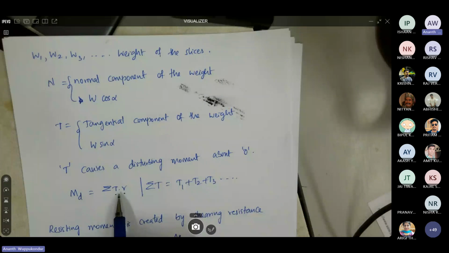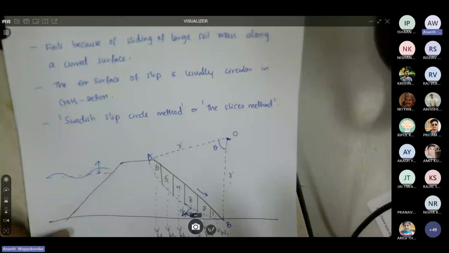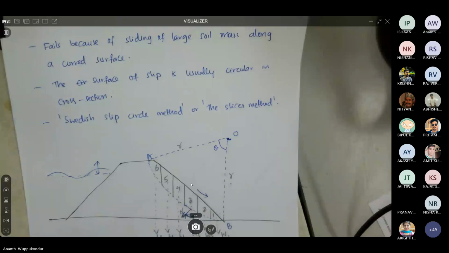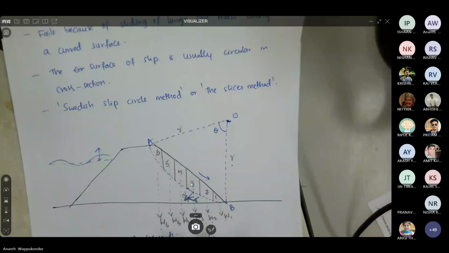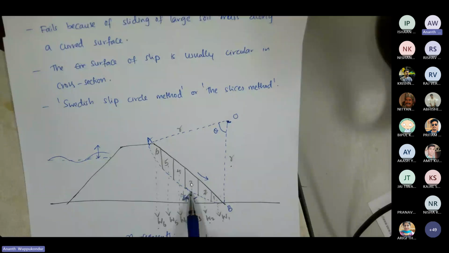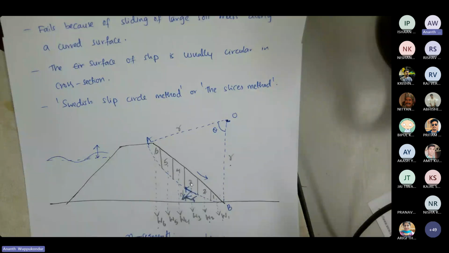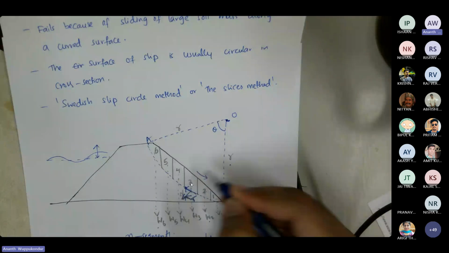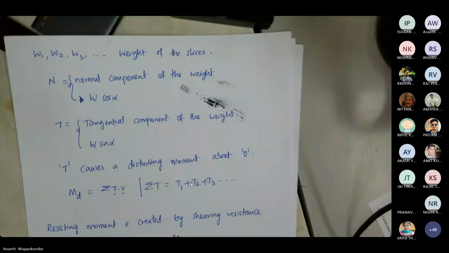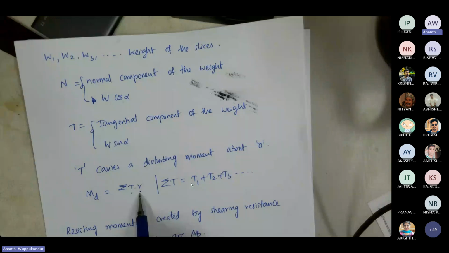So if you look at this figure again, T is acting tangentially at this surface and it is acting at a distance R from O. So the moment would be T times R. So this is the moment due to one individual segment.